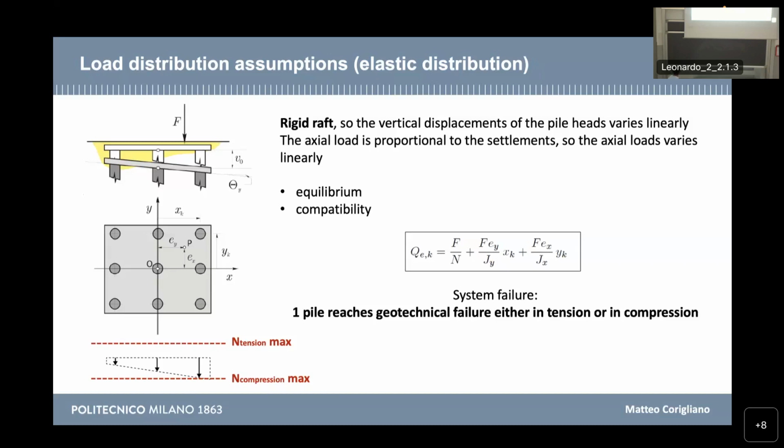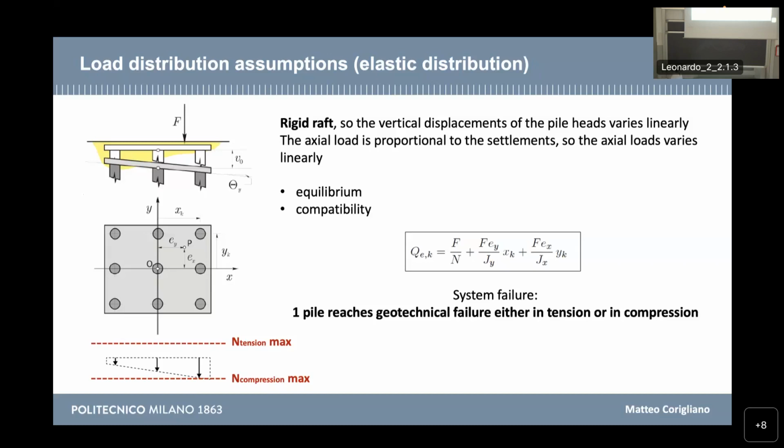While when I use the term structural failure, I intend the fact that the pile has failed structurally, so a hinge developed in the pile. And according to the traditional approach, the geotechnical failure of one pile means the failure of all the foundation system.